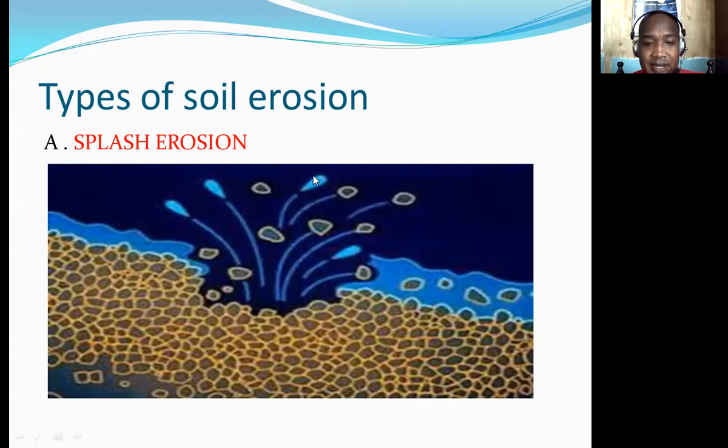Splash erosion is usually controlled by mulching or planting cover crops in an area before it occurs. It is commonly seen around houses roofed with corrugated iron sheets.